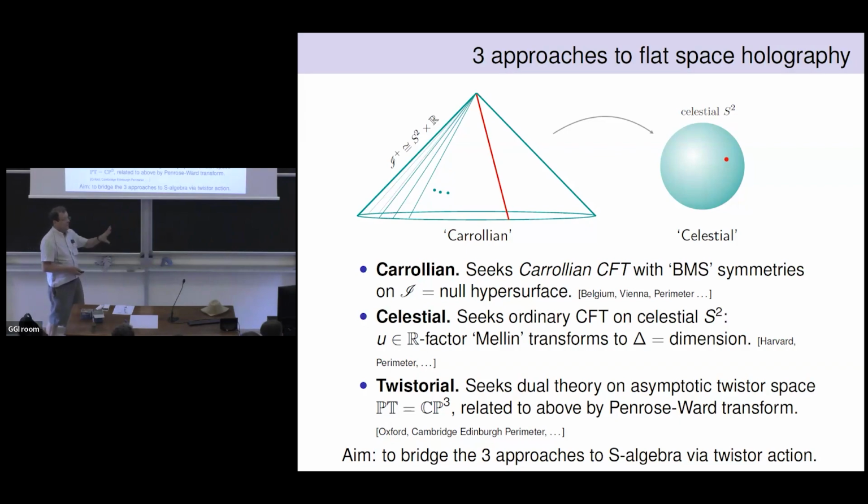And in all three cases, we're interested in finding theories dual to standard conventional physical theories in 4 dimensions, such as gauge theory and gravity. This talk is really going to be focused on the gauge theory case. In that case, I'm going to be focusing on how to understand these higher celestial symmetries that have been discovered in recent years that now come under the name of the S-algebra.